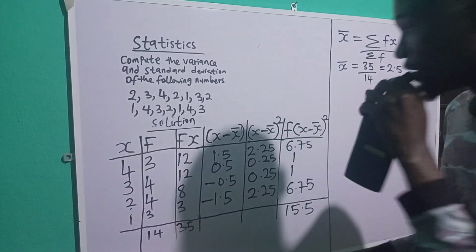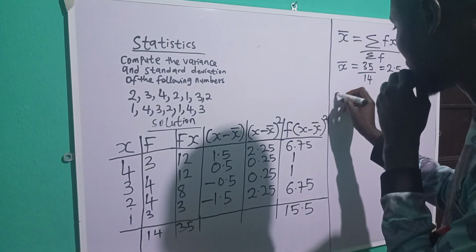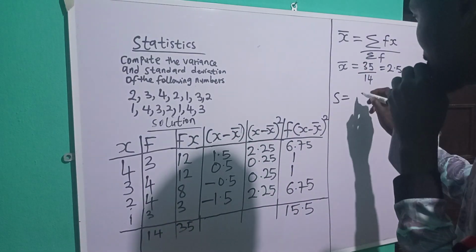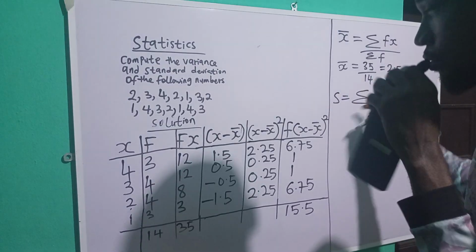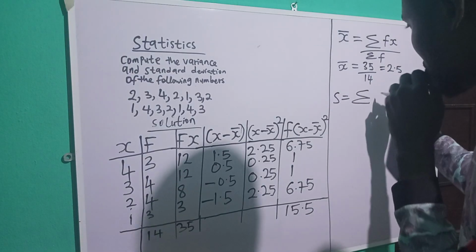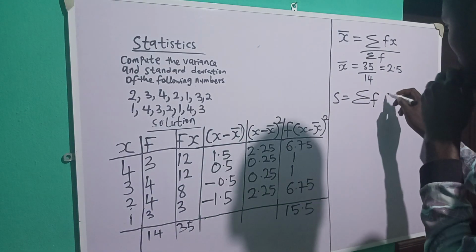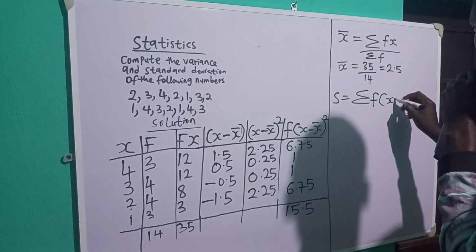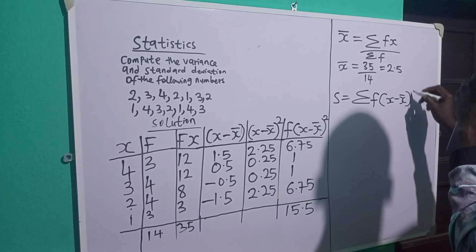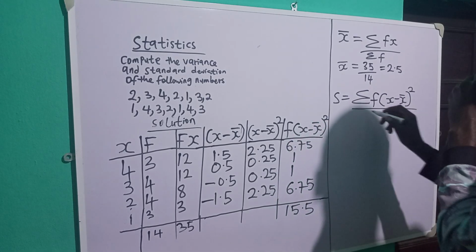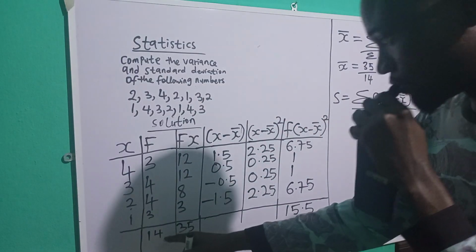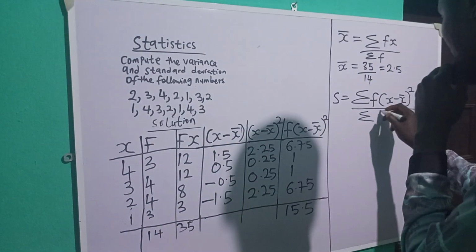So let me find the standard deviation. Standard deviation is represented with S, and the formula for standard deviation is what? This symbol means sum of what we have here: sum of f times (x minus x bar) raised to power 2, divided by sum of frequency.